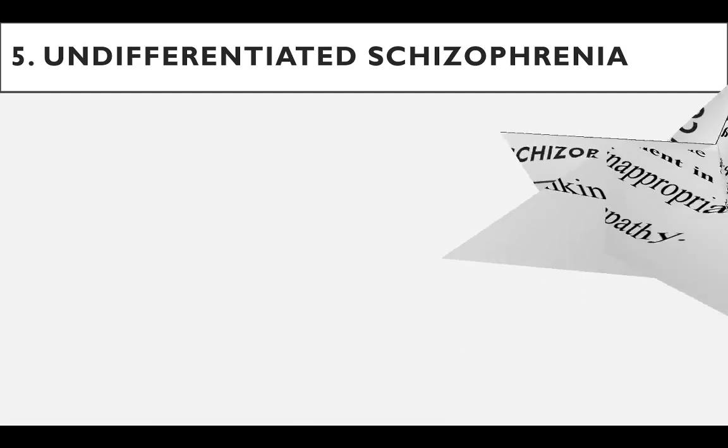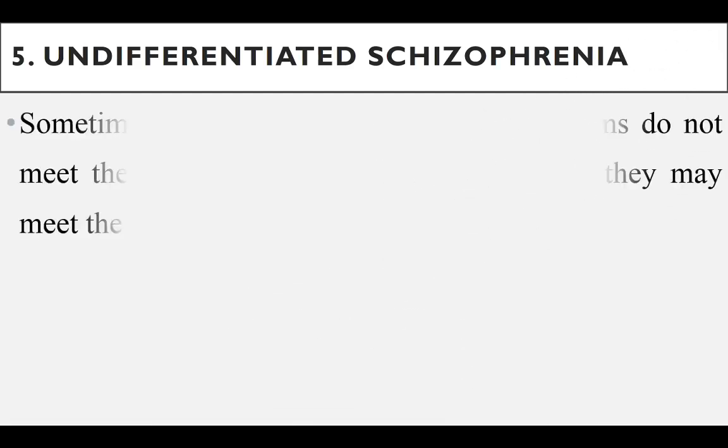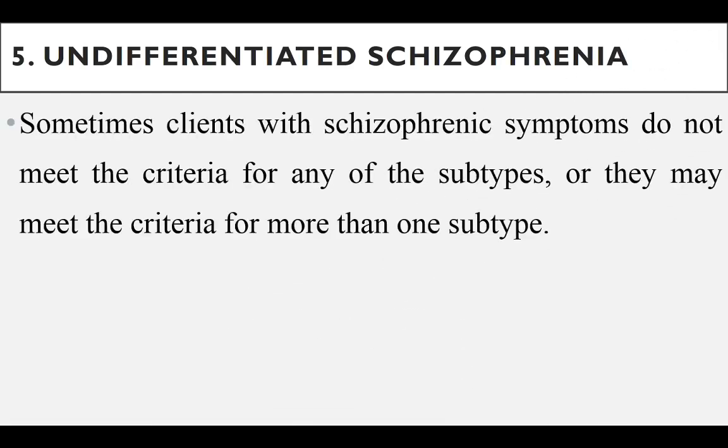Now, undifferentiated schizophrenia. From the name itself, it does not meet any criteria of the subtypes. Yes, they are schizophrenia, but they don't meet any of them, or they may meet the criteria for more than one subtype. They have this also, they have this also, they have this also.